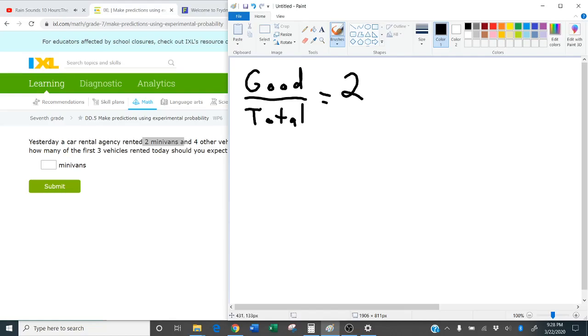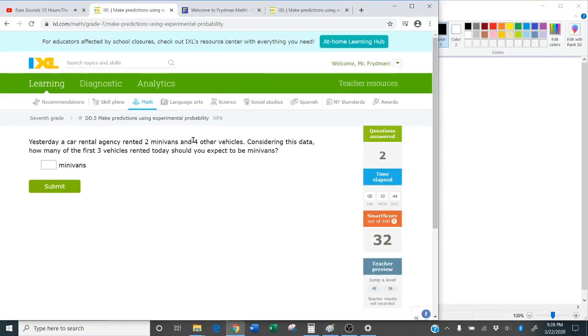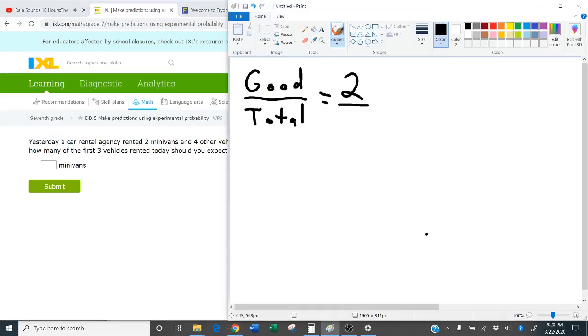That part is the same as the last couple of questions, but then finding the total is going to be different because again, this 4 here does not already include the 2. So how many total vehicles were rented yesterday? It would be the 2 minivans plus the 4 other vehicles, which means 6 vehicles.